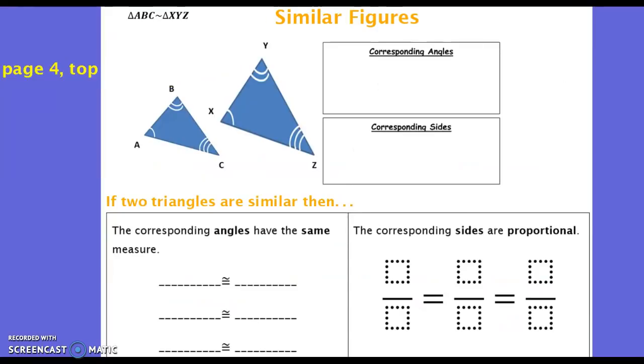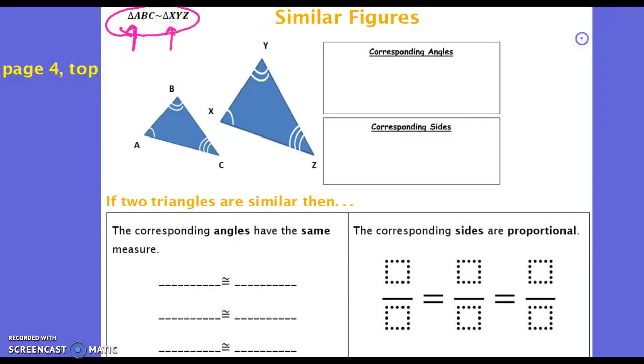All right, so up at the top of this page, there are two similar triangles, and it's really important that you notice how this is written. It says triangle ABC is similar to, notice that wave, triangle XYZ. Whenever you are told two triangles are similar, you're actually given a lot of information just by looking at the order of those letters. So if I have triangle ABC similar to triangle XYZ, then the letter A is first, which means that angle corresponds to whatever is first over here.